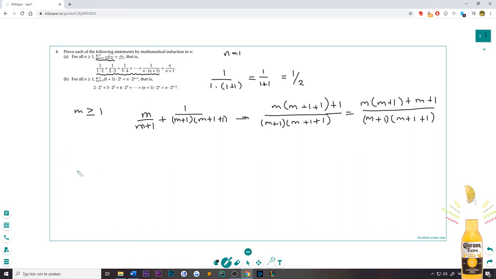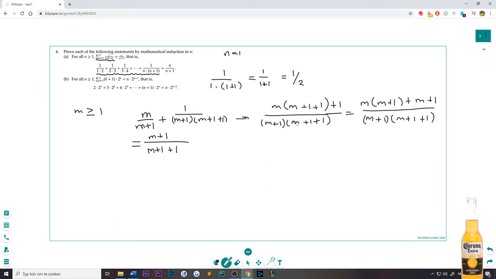And then finally we can rewrite this as m plus 1 over m plus 1 plus 1, because we can divide by this here, right? And so if we divide this by this, we end up with m, and if we divide this by this, we end up with 1, right? So this is the final formula that we end up with.